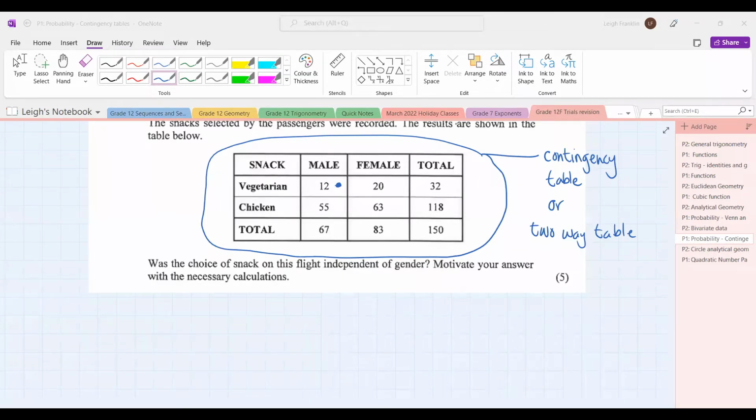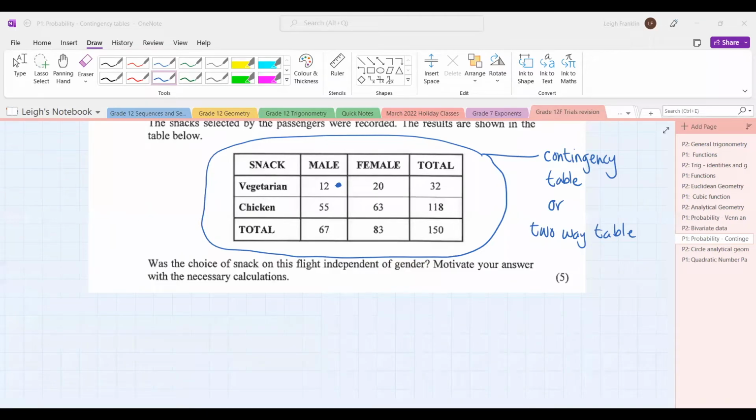Okay, so if I say to you, I'm referring to the cell, the one that has 12 in it. What does that 12 mean? What is that 12 telling us? What is the meaning of that number 12? Okay, absolutely.